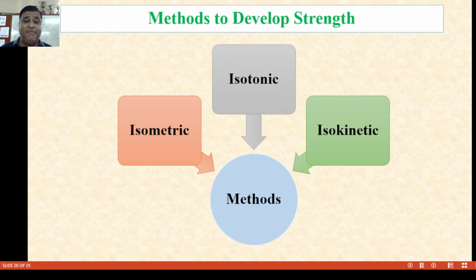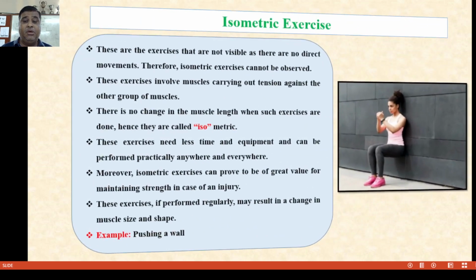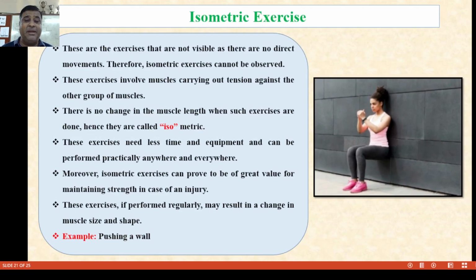Now methods of developing strength. There are three different methods: first is isometric, second is isotonic, and third is isokinetic. We'll discuss one by one. First, isometric. In isometric exercise there is no visible direct movement, therefore isometric exercise cannot be observed. These exercises involve muscles carrying out tension against another group of muscles.